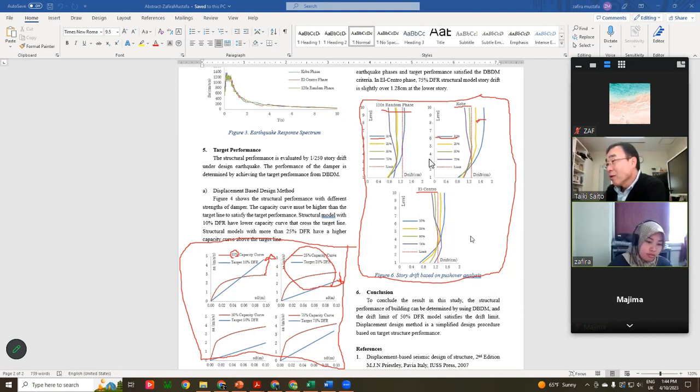I think how much difference there is between the red line and the blue line also considers the performance of the structure. If you can see 25 and 75, the distance between the blue line and the red line is quite close compared to 50%.